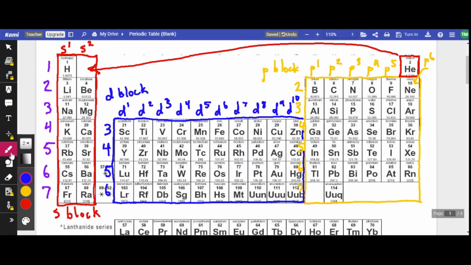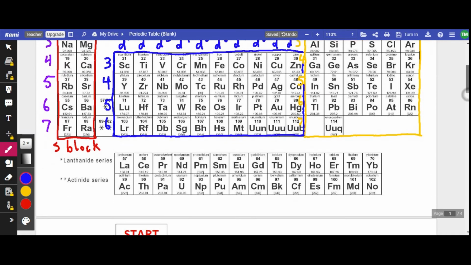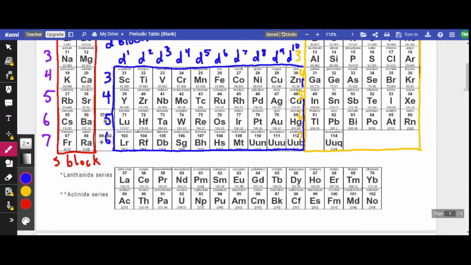Now again, if you go looking up electron configurations for some of these deeper elements, there are some wonky things that happen, and it's not always the electron configuration you expect. But we're not handling any of those problems in this class, so do not worry about it. Okay, and this just leaves the F block. Our F block is going to be this section down here.